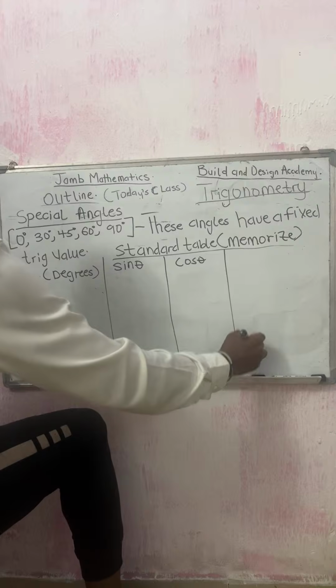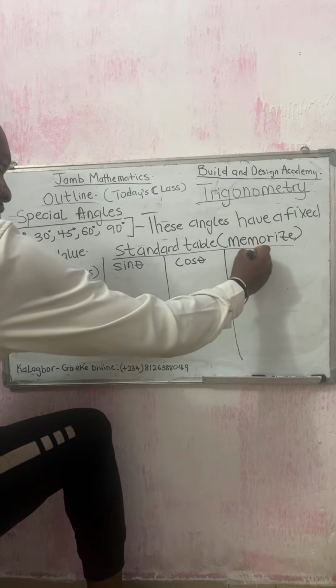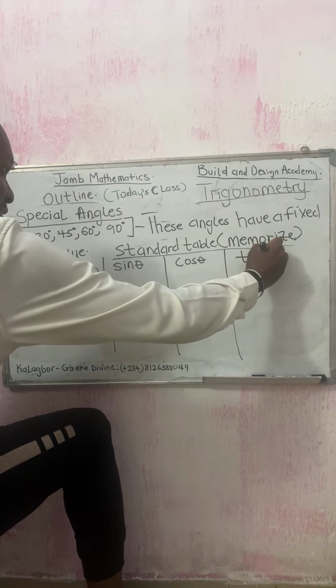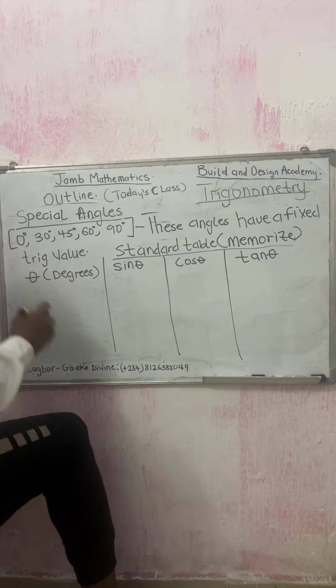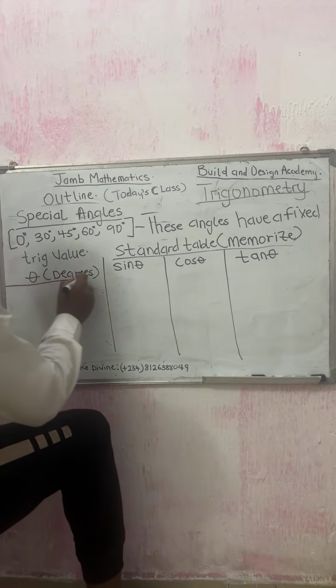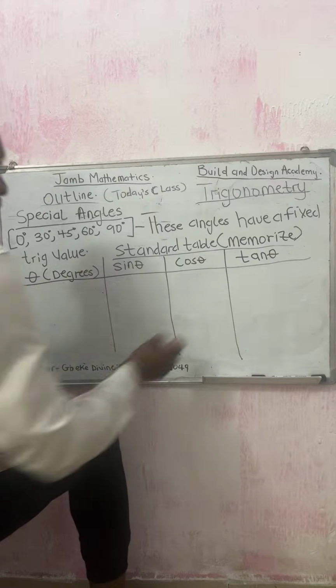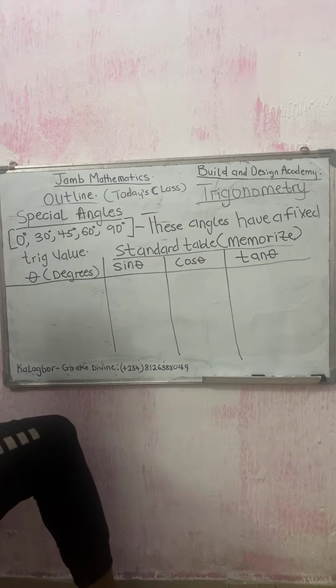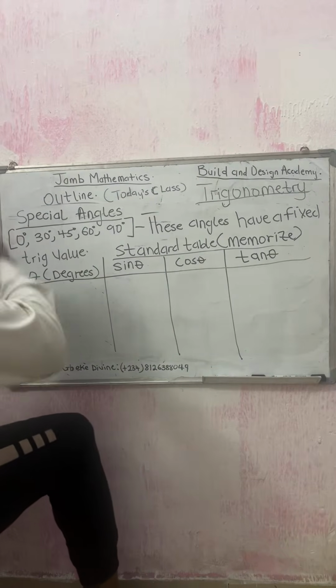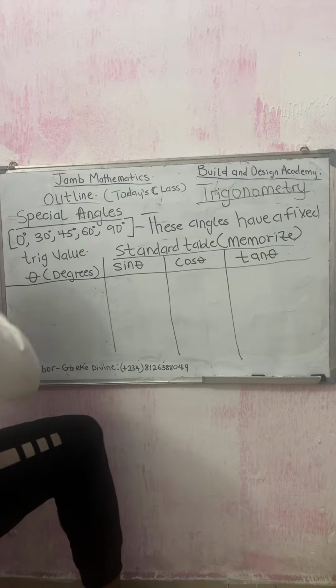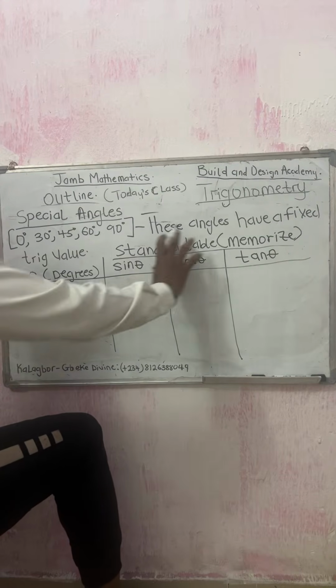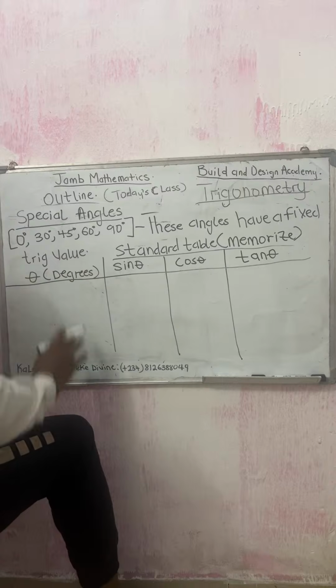Know this very well. Look at it and know it for your JAMB exam 2026 and beyond. 2027 they will still bring it, 2028, 2029, 2030. So just please memorize this standard table I'm about to give to you.